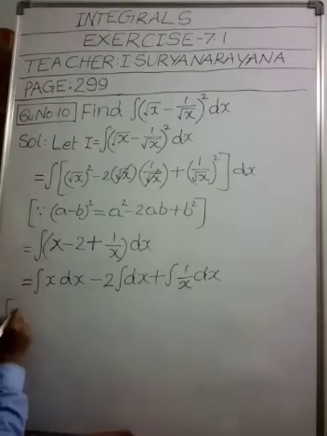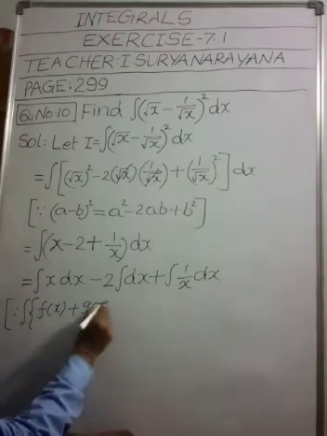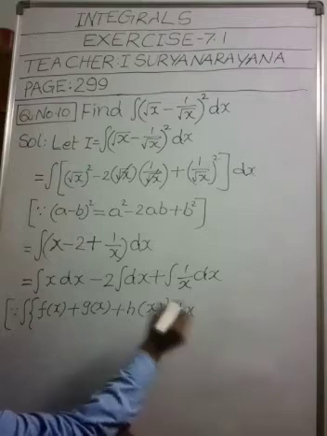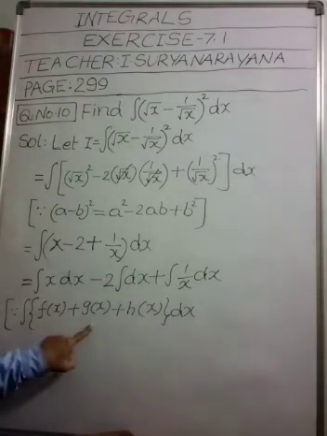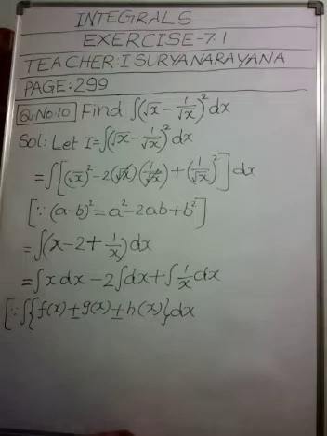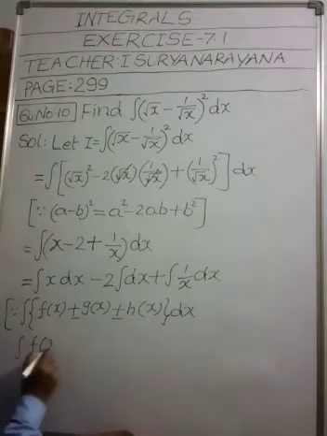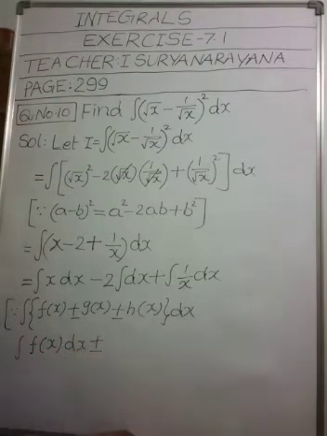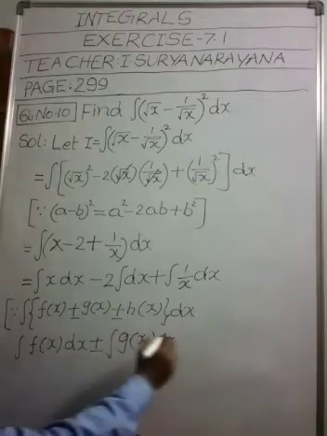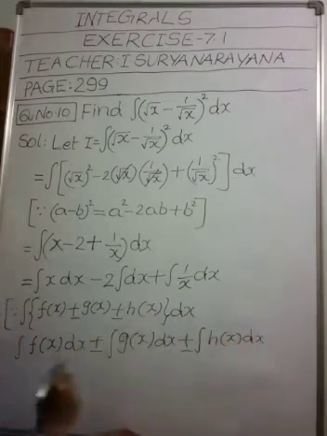Right. Because integral of f of x plus g of x plus h of x dx, you can write plus or minus, whatever the symbols they are, plus or minus symbols, then we get integral f of x dx plus or minus integral g of x dx plus or minus integral h of x dx.